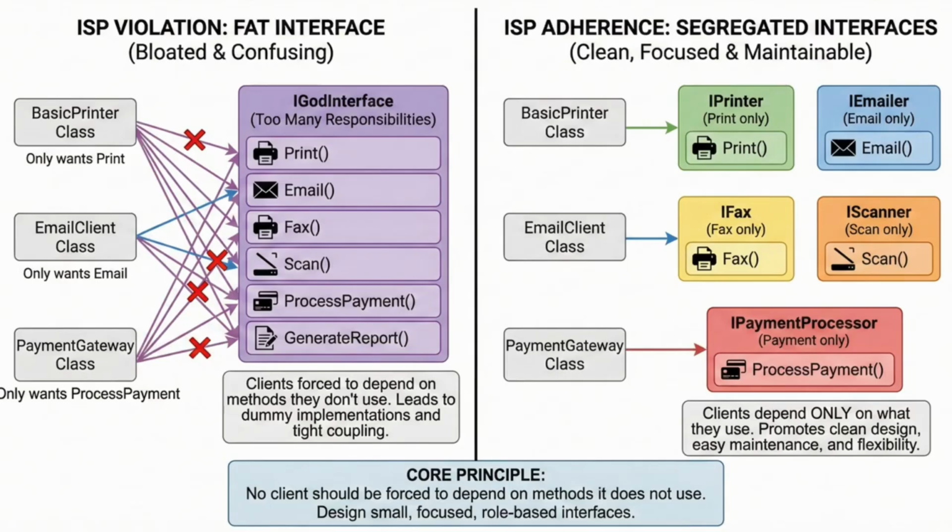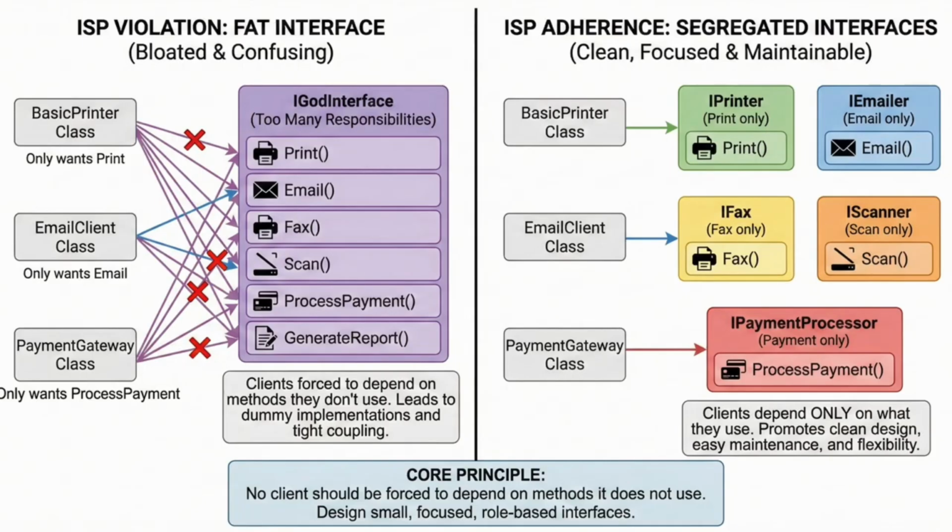Instead of blindly designing giant interfaces, we think carefully. If one interface feels overloaded, we break it into smaller ones. If a component needs a special behavior, we design a separate, focused interface for it. If a class cannot reasonably support an interface method, that method does not belong there.